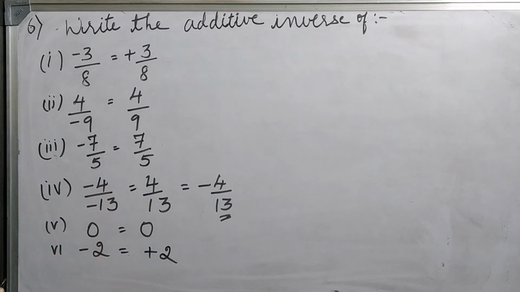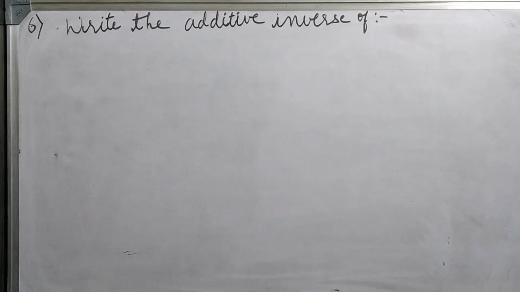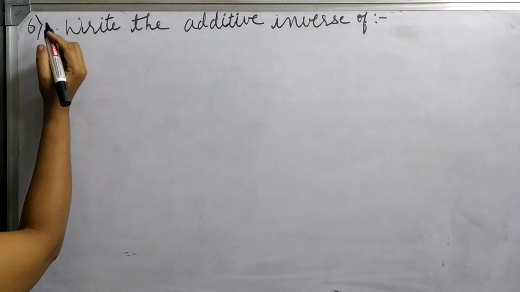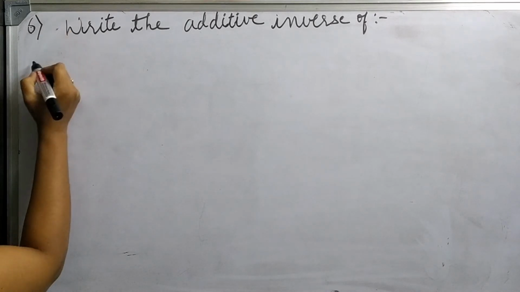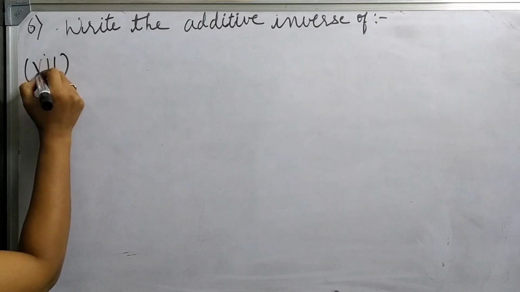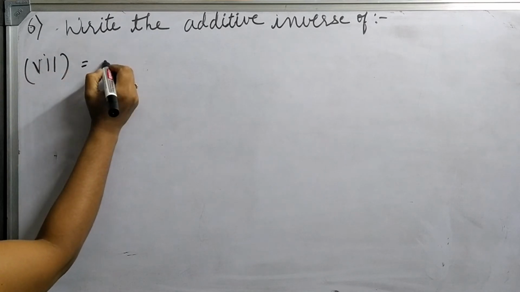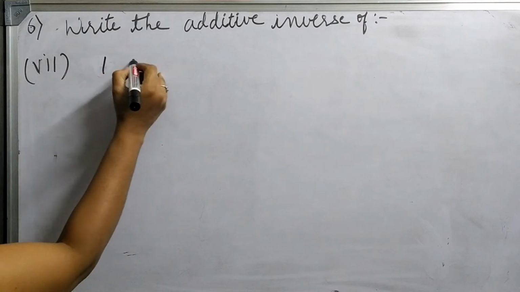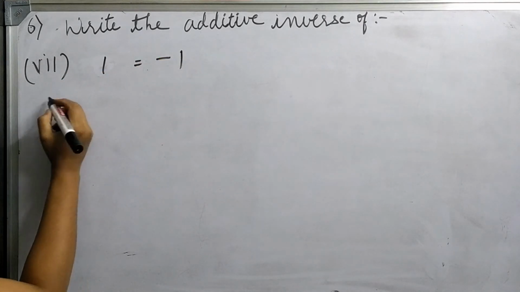The next one, what is the additive inverse of plus 1, which is equal to minus 1? The next one is, what is the additive inverse of 1, which is the 7th one. The additive inverse of 1 is minus 1.